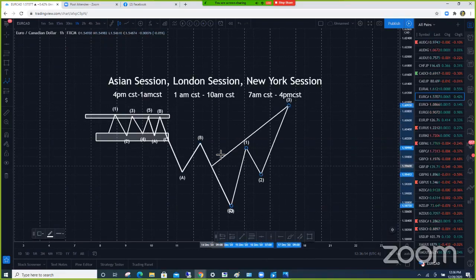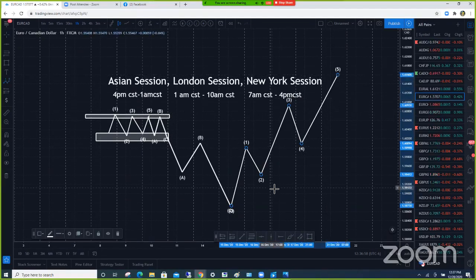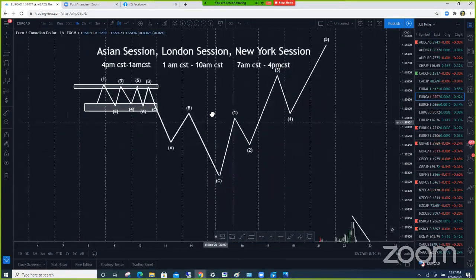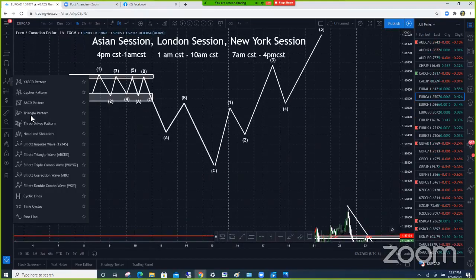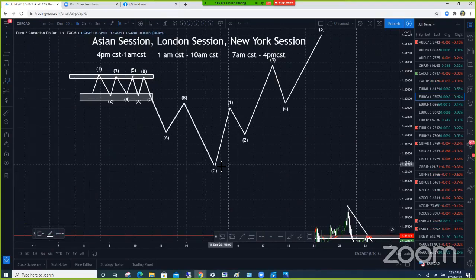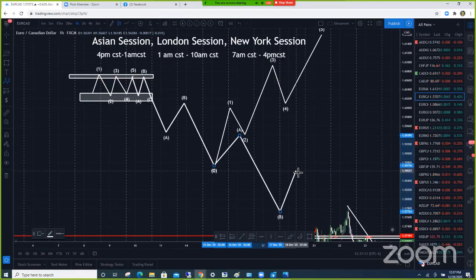So New York session is going to either do this. That's option 1 for the New York session. Option 2 for the New York session is that it's going to retest and continue like that.